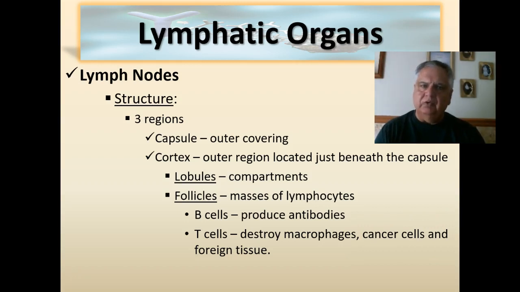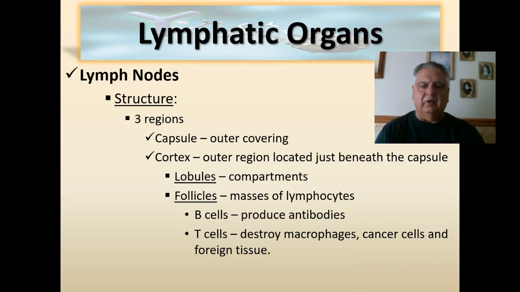So it all depends on who you're talking to or who you're listening to when they speak, whether they refer to them as follicles or nodules. You should know that they're referring to the same thing. But again, these are masses of lymphocytes, the B cells and the T cells. The B cells are lymphocytes that, when they become immunocompetent, learn how to produce antibodies as a part of the immune system.